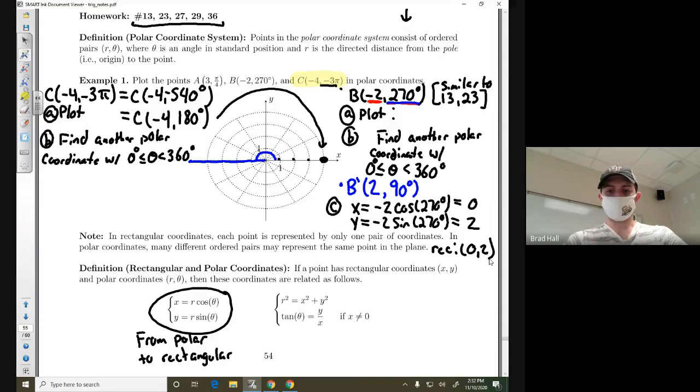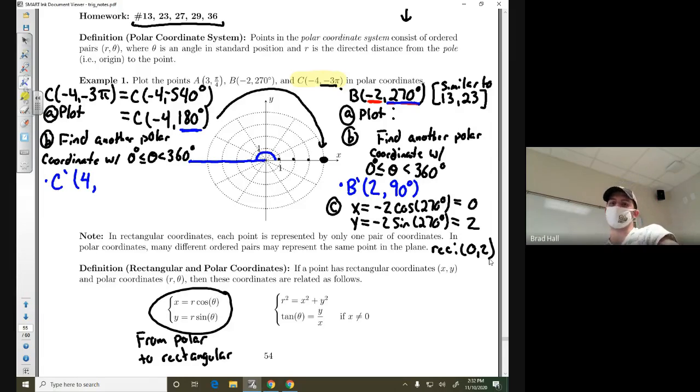And so really it's a matter of, and I'll call it C, in fact, I'll do it in blue, call it C prime. We'll make the radius positive.